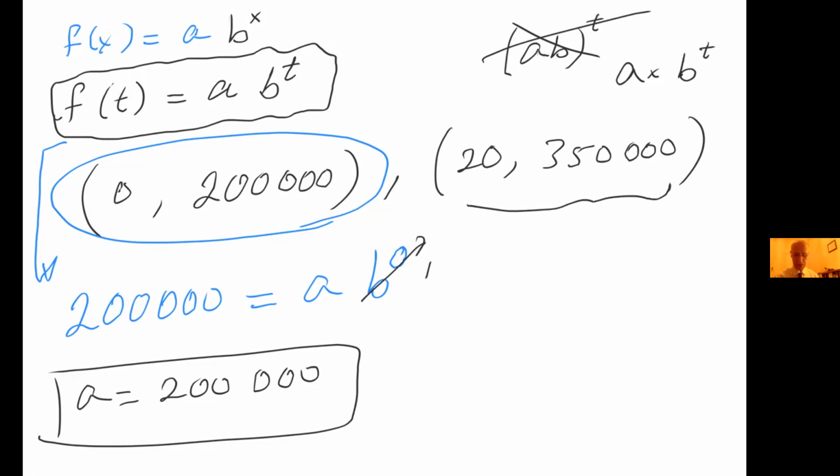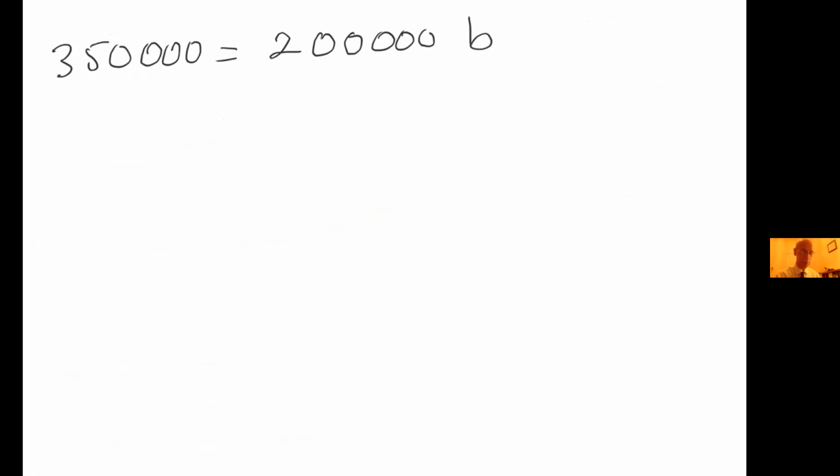So using 350,000 equals a, that we figured out to be 200,000, times b to the power of t, and in this case, the input was 20. So first thing I'm going to do, I'm going to divide both sides by 200,000.